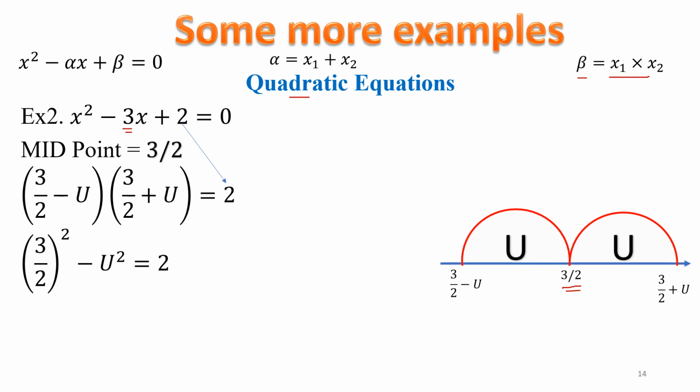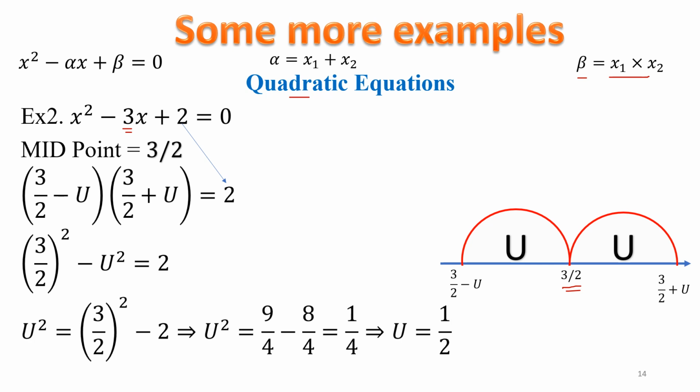So (3 by 2) square minus u square is equal to 2. So you have to flip these two terms so that you obtain the equation for u square, and u square will be (3 by 2) whole square minus 2. So 9 by 4 minus 8 by 4, the LCM we have made identical. So u square will be 1 by 4 and u will be 1 by 2.